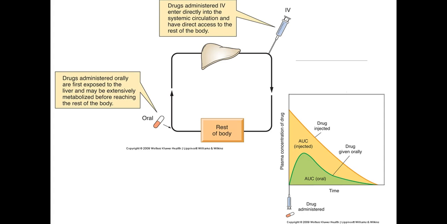And we have to know that with some other route of administration, whether it's oral or transdermal or intramuscular, as the drug is being absorbed, some of it's already starting to be broken down. So that peak is never going to be as high as when we do all of it through the vein. That's why the yellow has a higher set point in the concentration level.